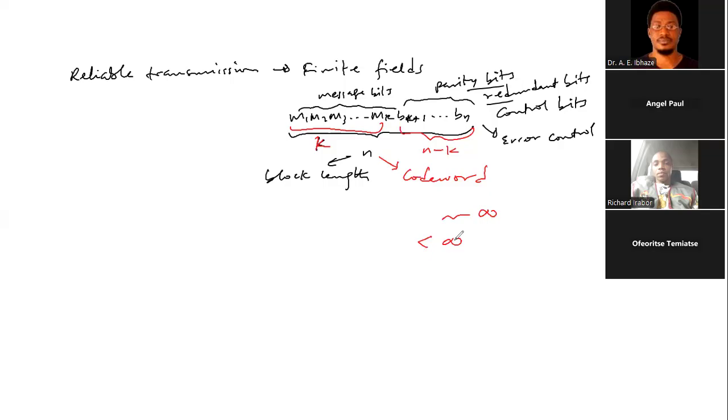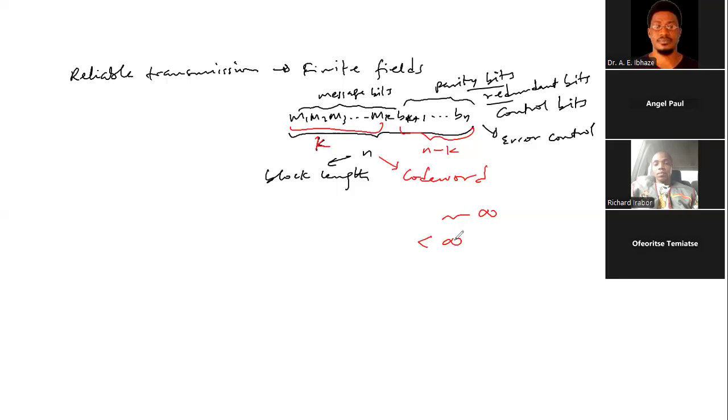So what we are saying is that the alphabet or the sequence or the string of symbols used to represent what we want to transmit is of finite duration. So we have a finite number of elements which we encode. This finite number of elements forms the finite field.